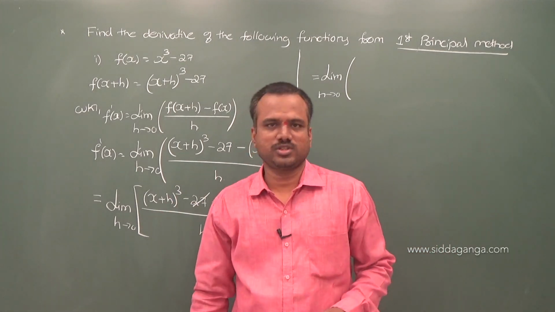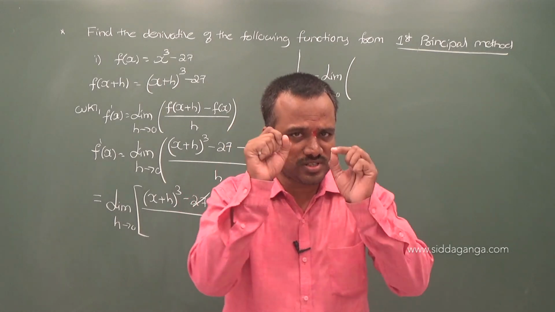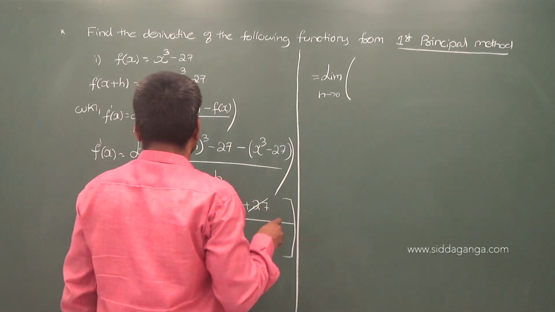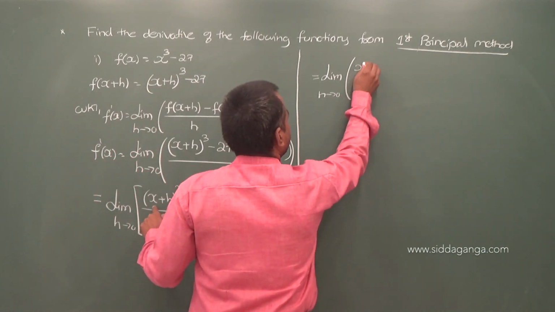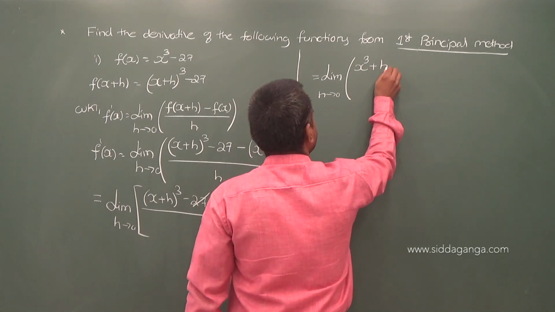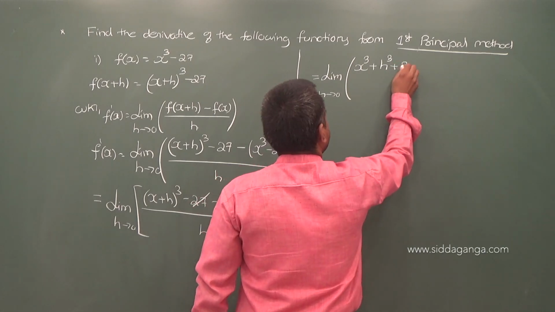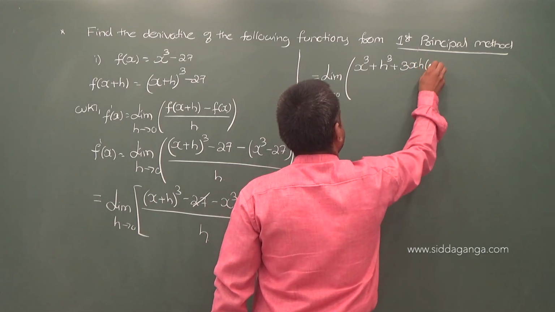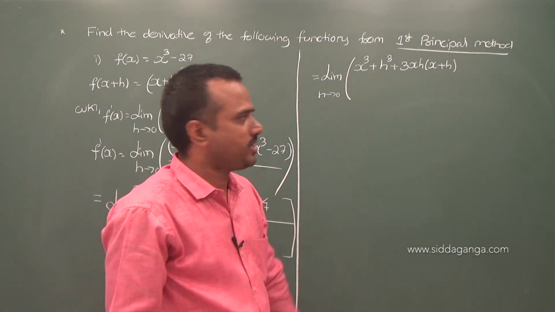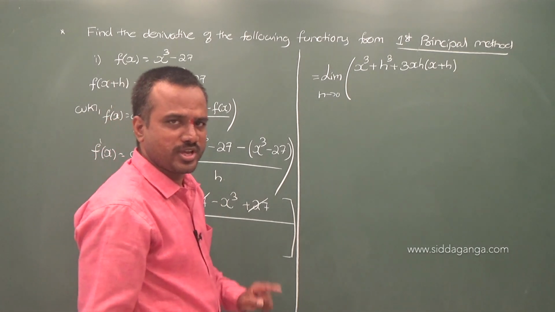You know, in the 10th class or 9th class, (a+b)³ = a³ + b³ + 3ab(a+b), correct? So (x+h)³ = x³ + h³ + 3xh(x+h).